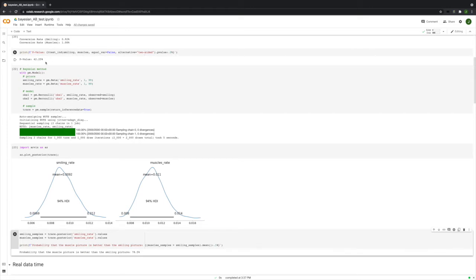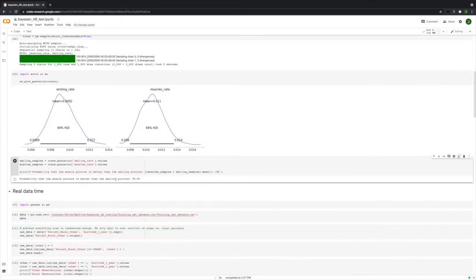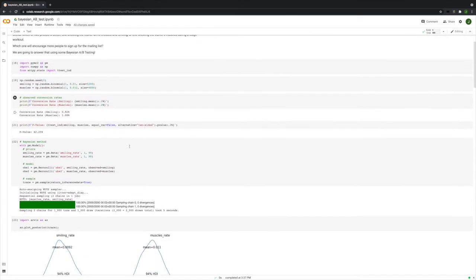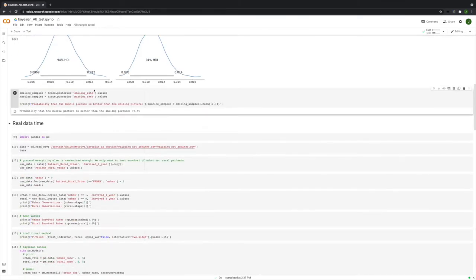But if they can come back and say that the probability that the muscle picture is better than the smiling picture is 78.5%, so just to err on the safe side, go ahead and use the muscle picture, that's something you can easily act upon. It delivers a lot more value to the client that way. So that's what really makes Bayesian A/B testing useful, being able to do this part right here at the end.